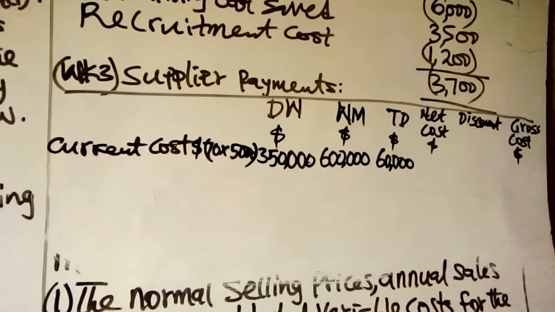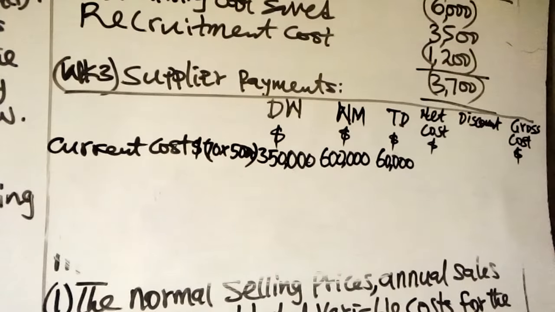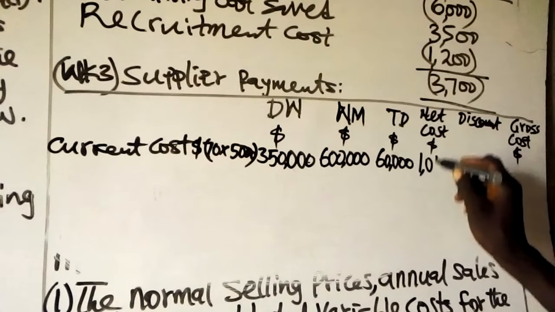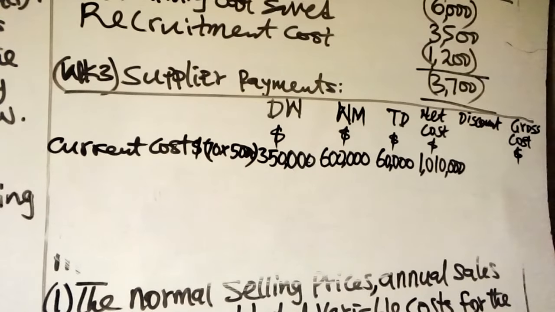Now let's sum it up. 350,000 plus 600,000, that will be 950,000. 950,000 plus 60,000, that will be 1,010,000, and that will be the materials you have to purchase for all the products.